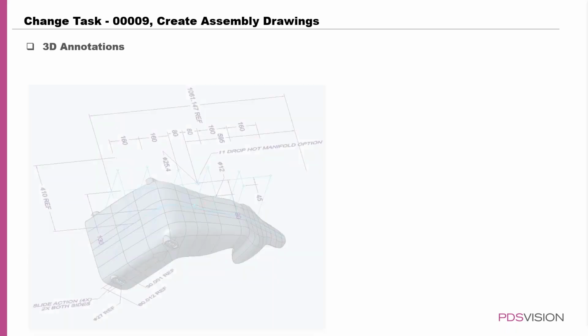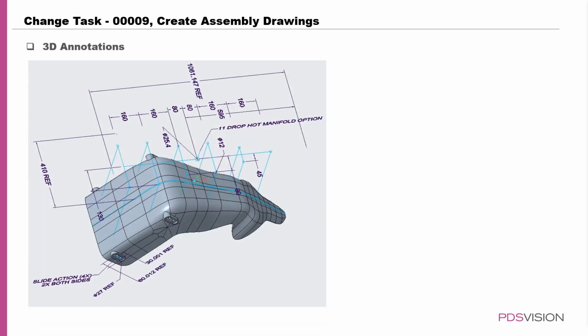So again, we can either create a 2D drawing or utilize 3D annotations. In this case, we are providing 3D annotations to provide important and relevant information. For the seat here, we have some dimensions for basically the overall size that will be important for calculating the mold base.